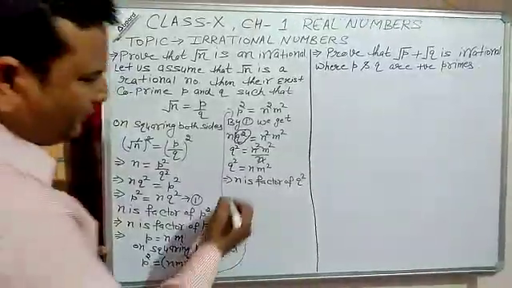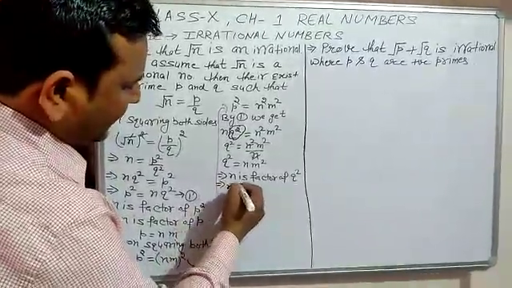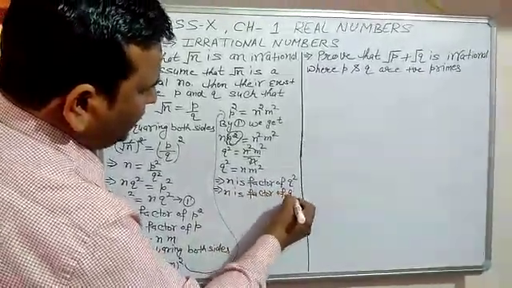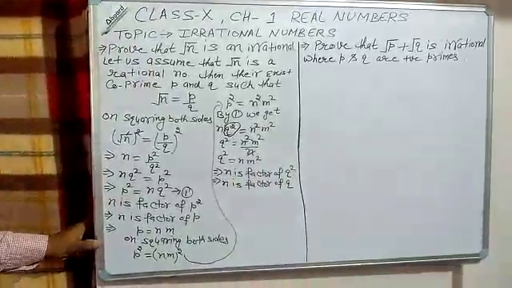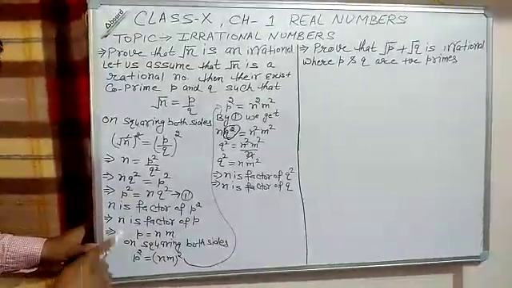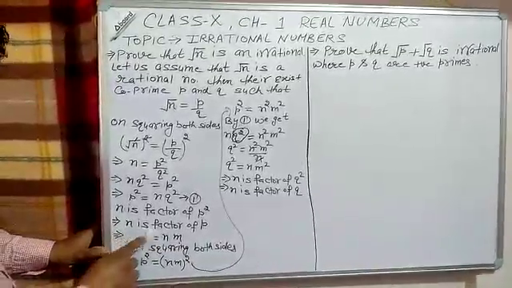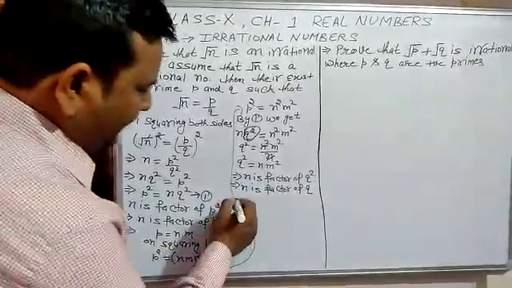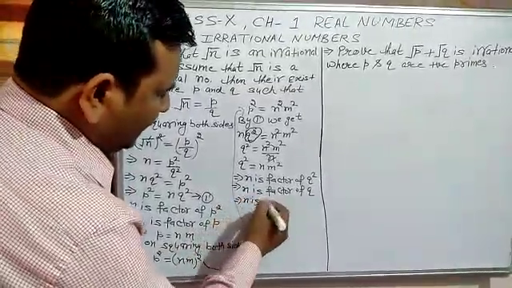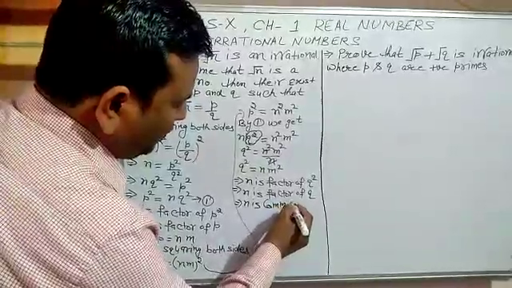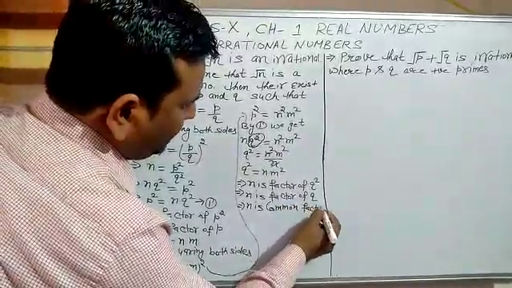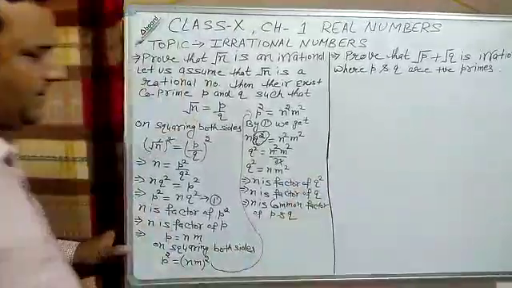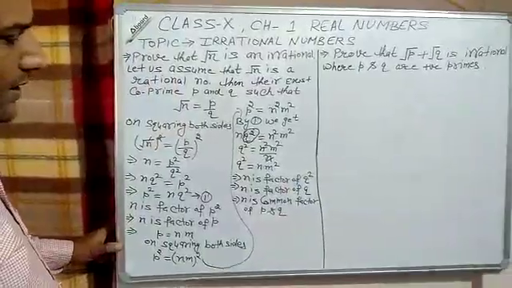As n is a factor of q square, it implies that n is also a factor of q. Students, what we get here? We already get n is a factor of p and n is also a factor of q. It implies n is a common factor of p and q.